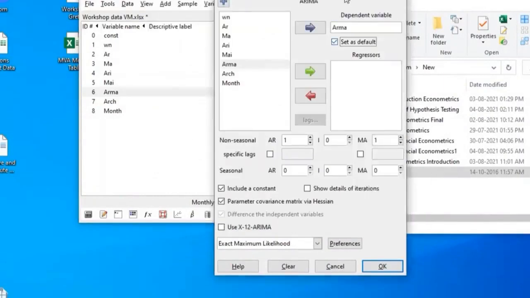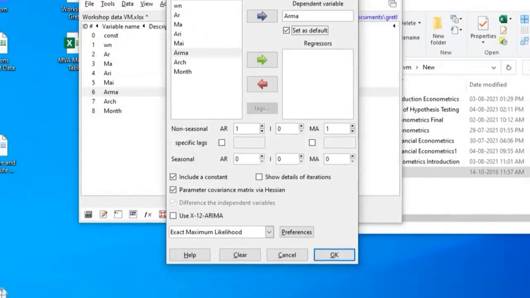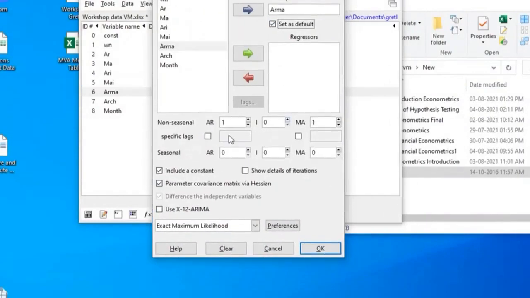So we go back to this one. First, let us model an ARIMA 1, 0, 0 with no seasonal one. Okay, so this is an ARIMA 1, 0, 0. Then we have a seasonal 1, 0, 0, 0.